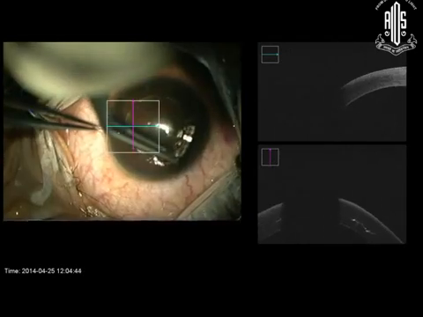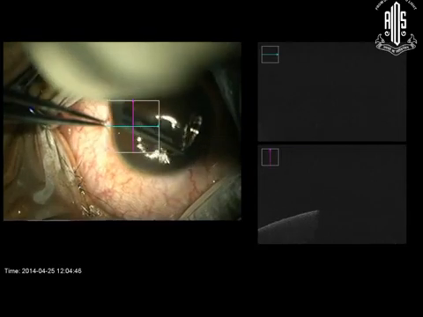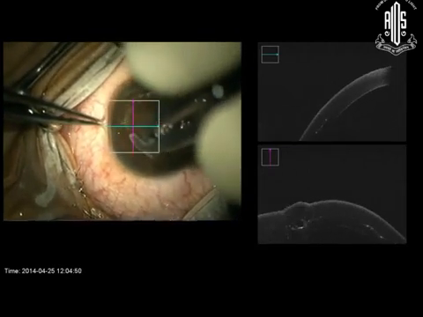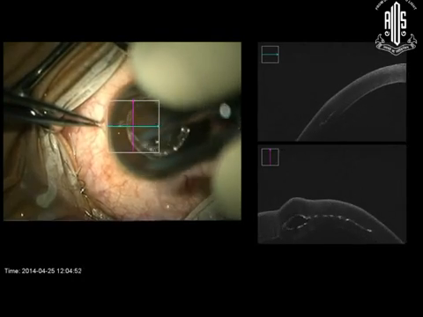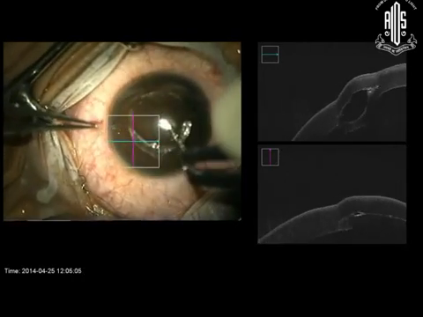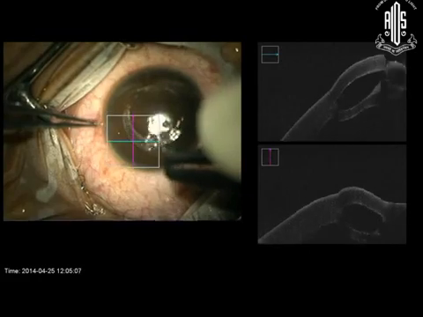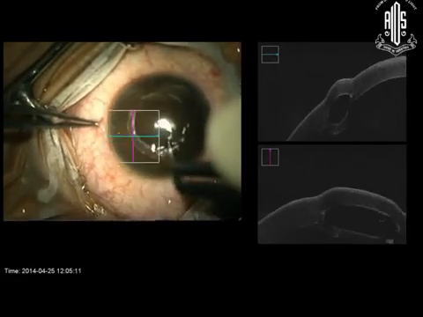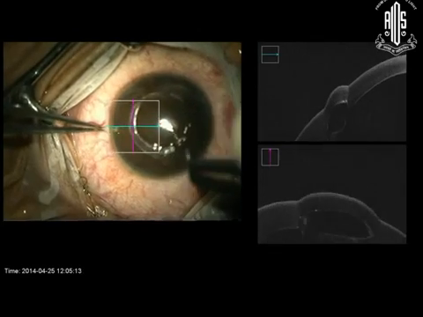Then the rings are inserted now, and this is the point when the chance of perforation is maximum, when we insert the rings, because we can go in a false plane or we can go above also. We can see how the lamellae are dissected and the rings are going inside the cornea.